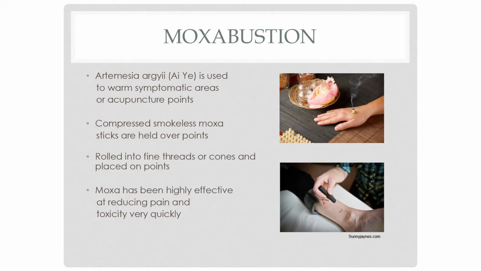And somebody who is getting this done just feels warmth over the point. It shouldn't really feel hot when it's done. It's quite comfortable. People actually quite like it. And it can also be rolled into threads or cones and placed on the point. So that's the top picture. And it's effective in reducing pain and toxicity and building that energy.